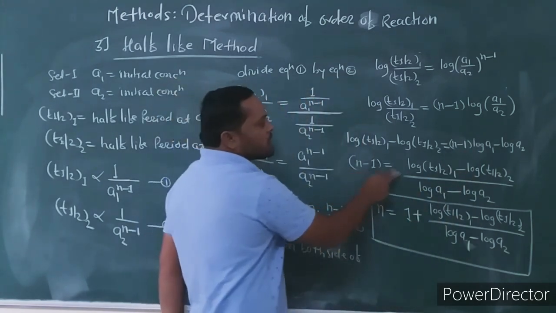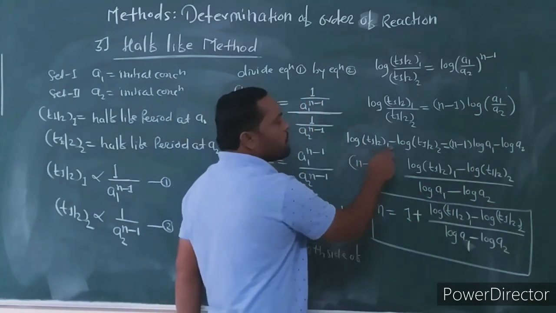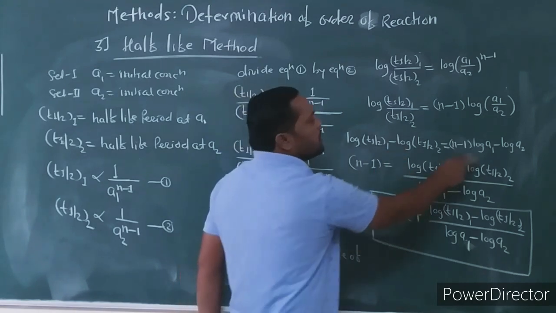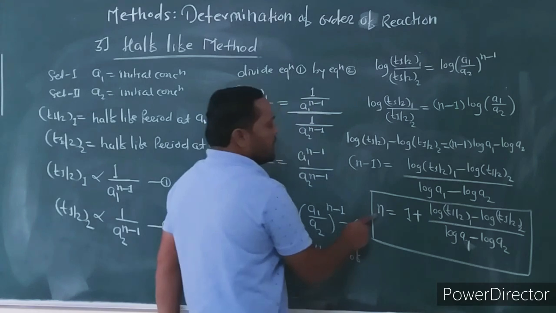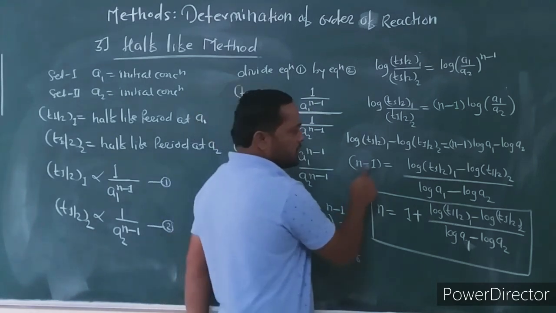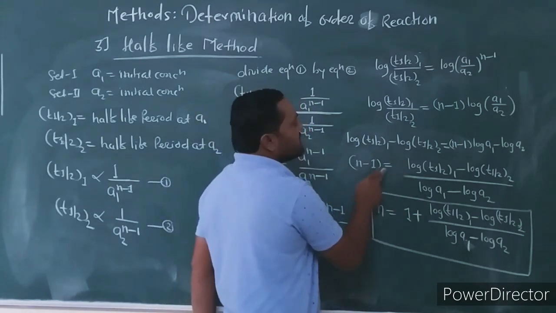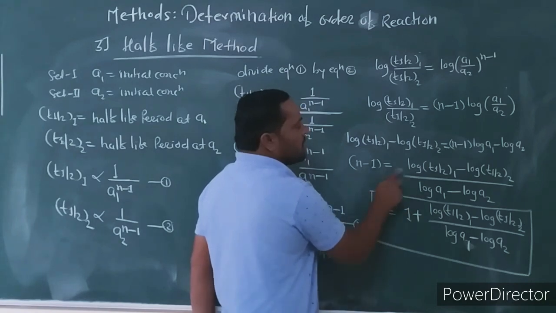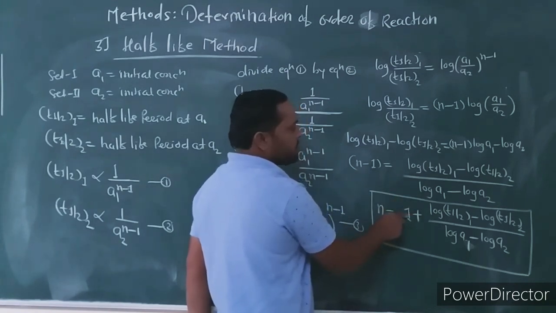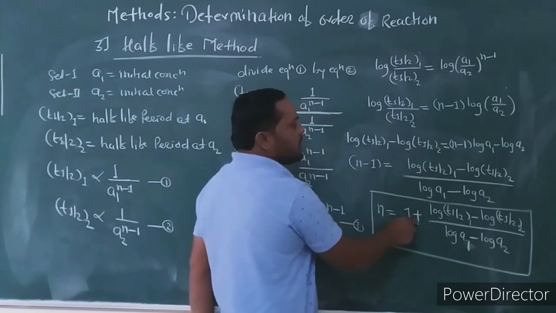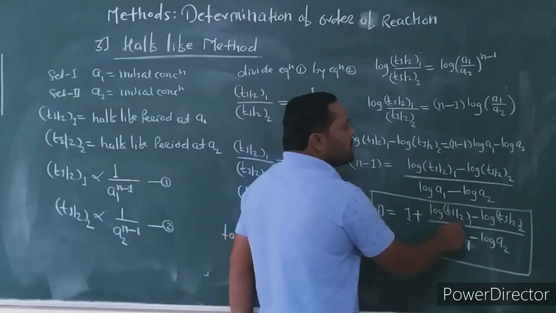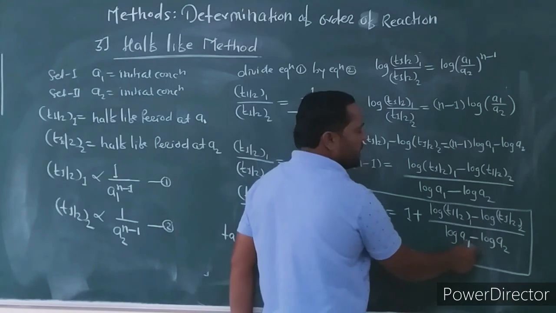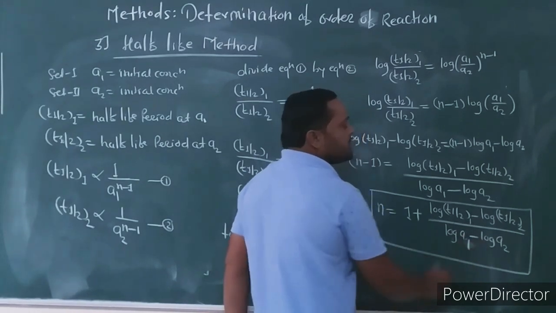Then n minus 1 is equal to (log T half 1 minus log T half 2) divided by (log A1 minus log A2). Then n is equal to 1 plus, since the minus goes to the right-hand side and becomes plus, (log T half 1 minus log T half 2) divided by (log A1 minus log A2).